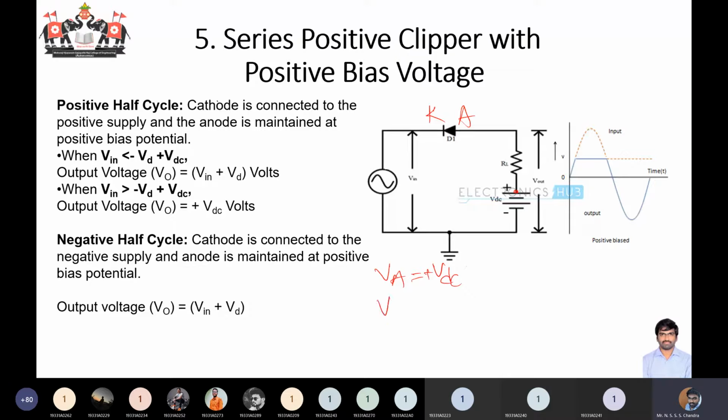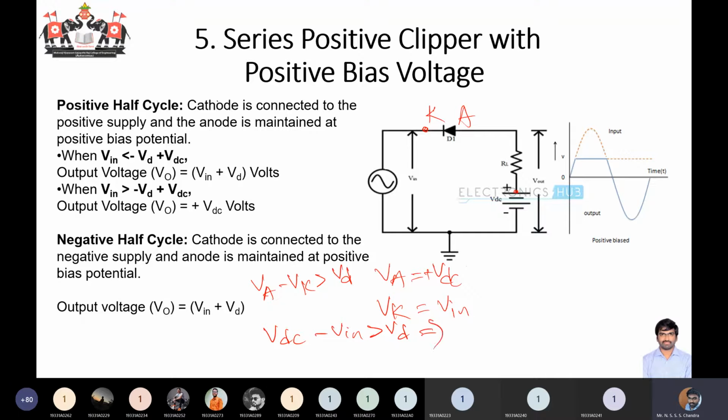Now what is VK? VK is at VIN, right? For this to conduct, what is the requirement? VA minus VK should be greater than your VD. So it is VDC minus VIN should be greater than your VD.